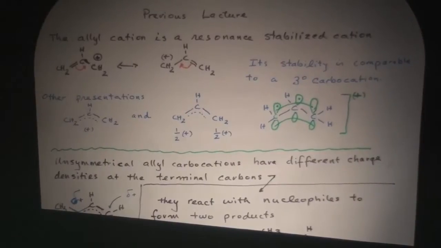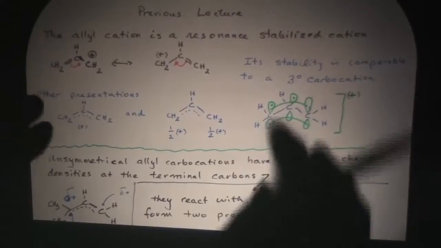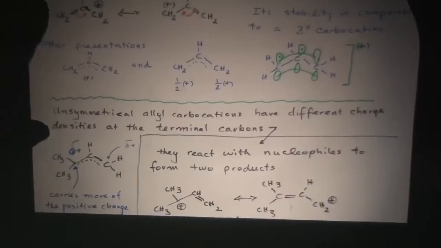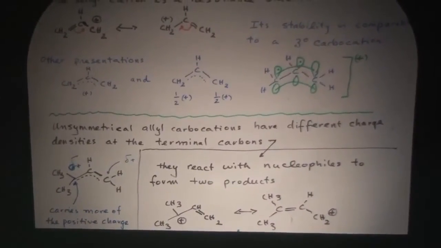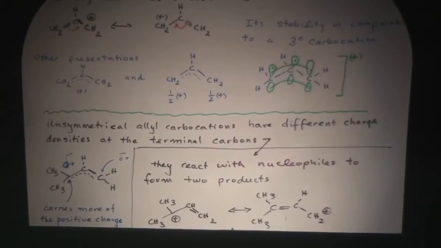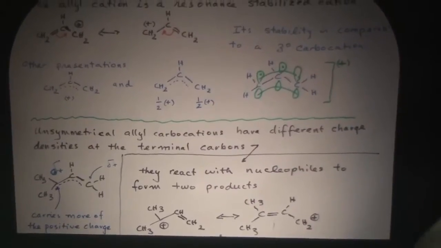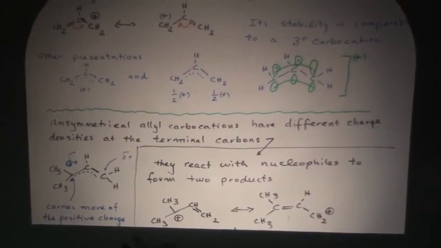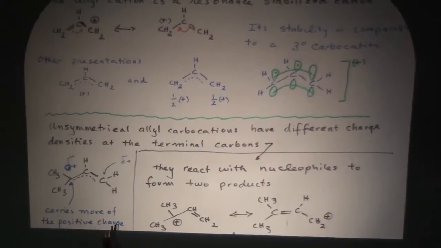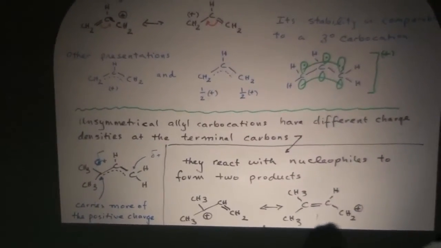All right, no problem. So the reality is that we really deal only rarely with this case. We really deal mostly with unsymmetrical allyl carbocations. That's 99.99% of the time. So we have, again, the allyl system with a partial bond between all the 3 carbons. But we put substituents on one of them.